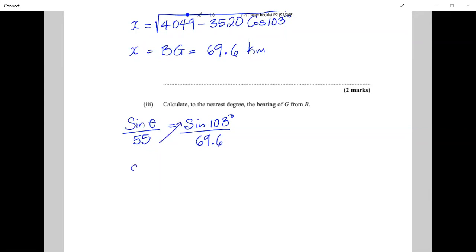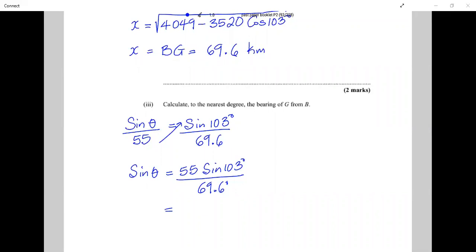Let me cross multiply and get this up here. So I'm going to have sine theta is equal to 55 sine 103 divided by 69.6. Now, I can put this in my calculator and write my answer to 3 decimal places.